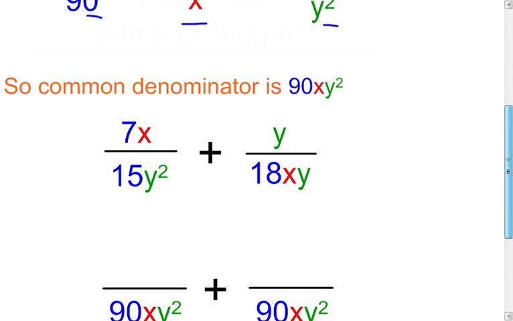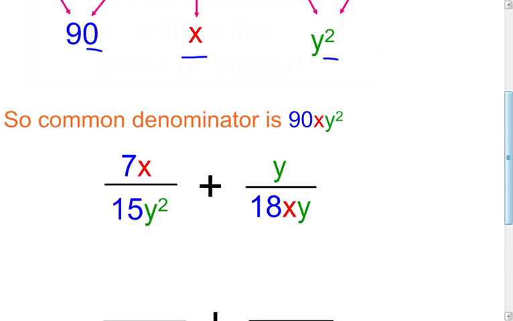Okay, so I'm starting here, and basically I need to turn each denominator into 90xy squared. So I need to figure out what I need to multiply 15 by to get 90. That is the first little step there. You need to multiply 15 by 6 to get 90. So I'm going to multiply this by 6.